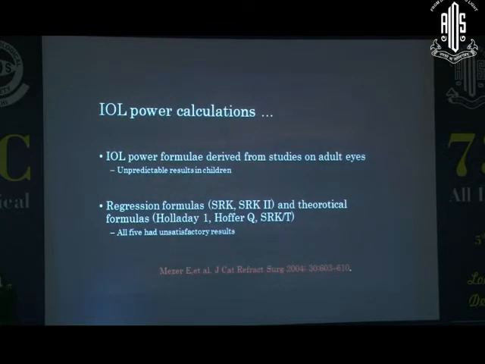So for IOL calculation, what are the formulas we use? They are derived from various studies based on adult eyes, and sometimes are unpredictable when you just apply them in children. Regression formulas, the commonest, SRK, SRK II, and theoretical formulas like Holladay 1, Hoffer Q, SRK/T, all five, according to some studies, have similar but unsatisfactory results.